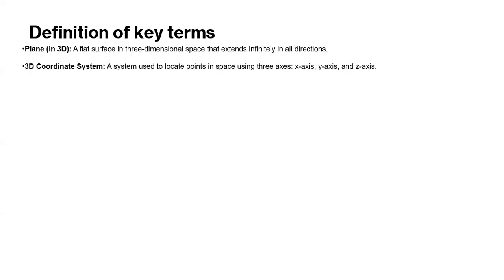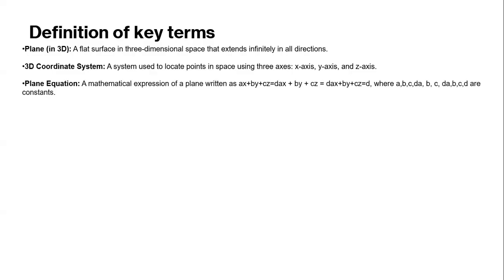Okay, so before we start the presentation, I'm just going to define some key terms so that everything makes more sense, hopefully. A plane in 3D is a flat surface in three-dimensional space that extends infinitely in all directions. A 3D coordinate system is a system used to locate points in space using three axes, unlike the two axes that we're accustomed to for lines.